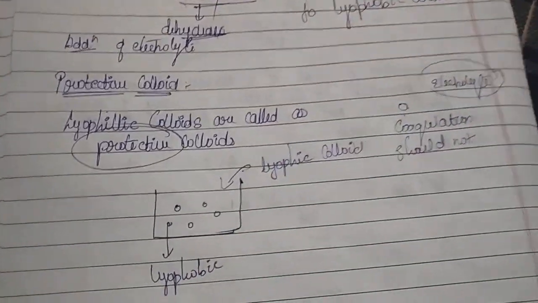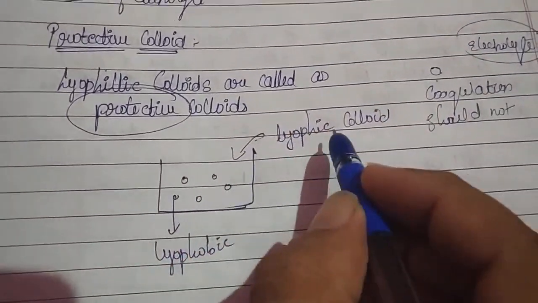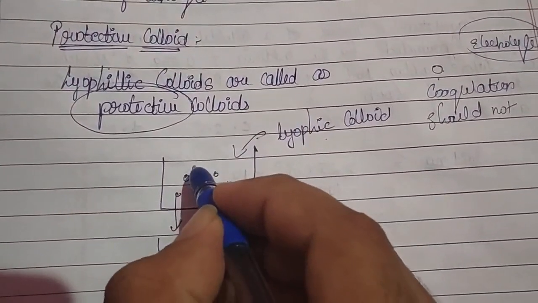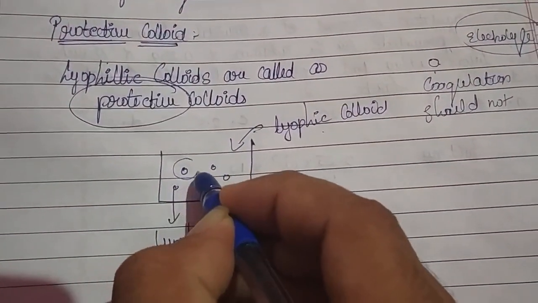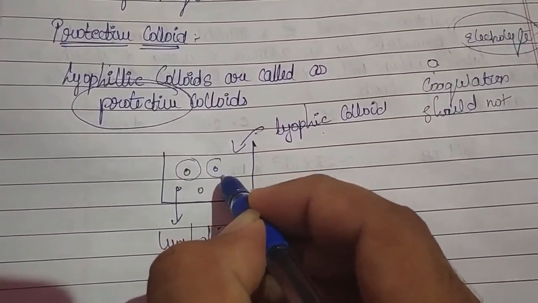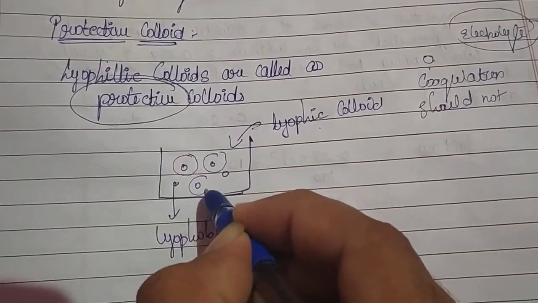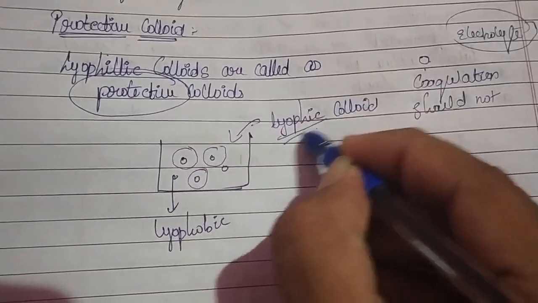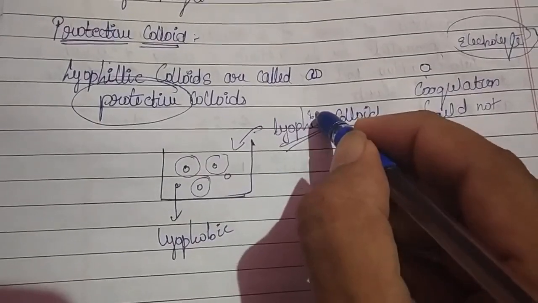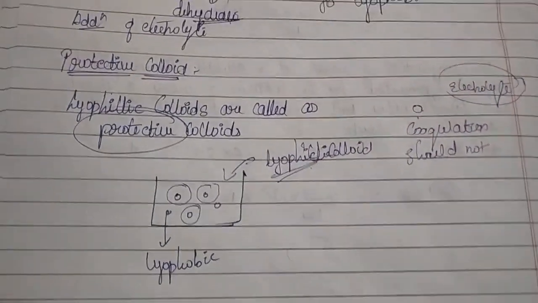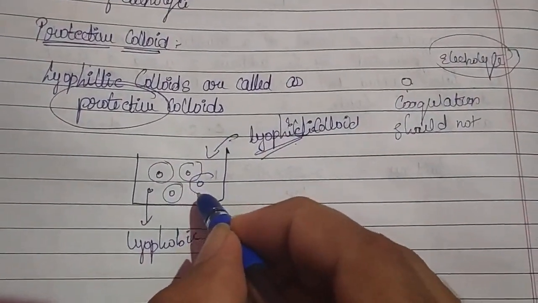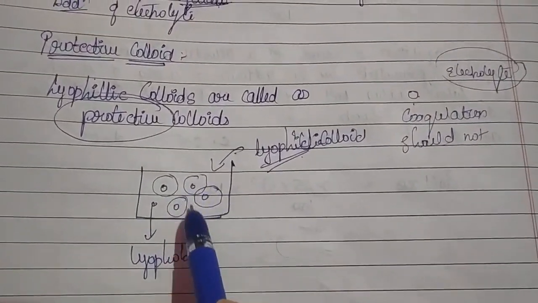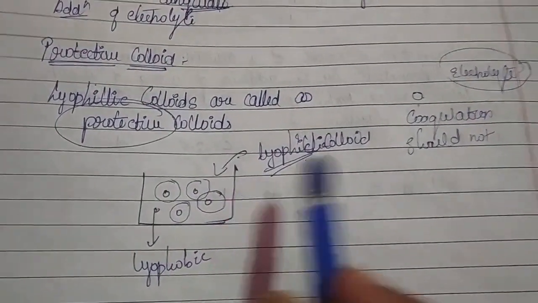So when I add this lyophilic colloid, what happens? It forms a protective layer around the lyophobic colloid. Your lyophilic colloid has a property such that it forms another layer surrounding your lyophobic colloid.